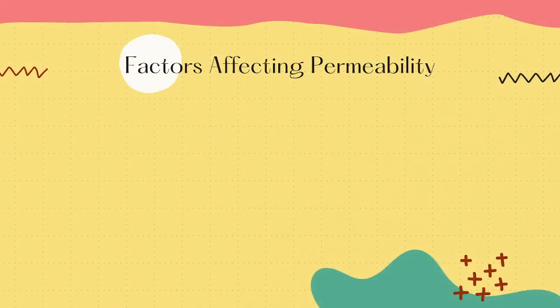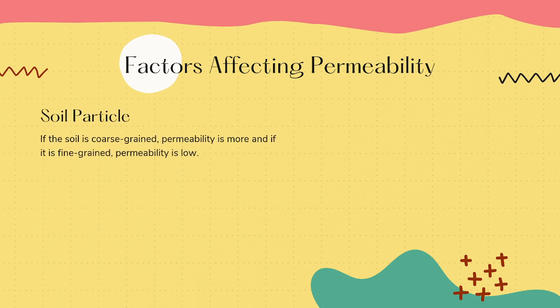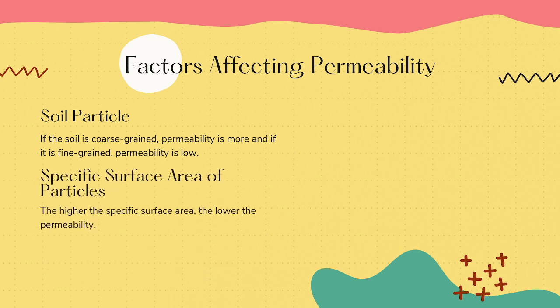So now let's proceed to the factors affecting permeability. There are 10 factors which affect the permeability of a soil sample. First is the soil particle. If the soil is coarse-grained, the permeability is more, and if it is fine-grained, the permeability is low.